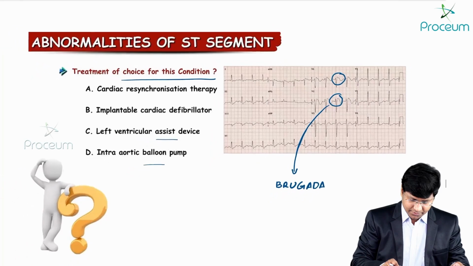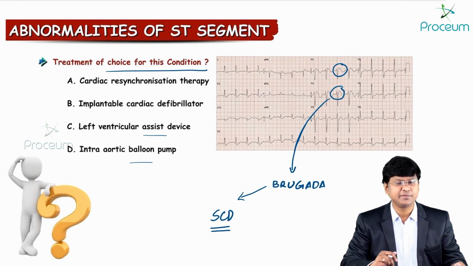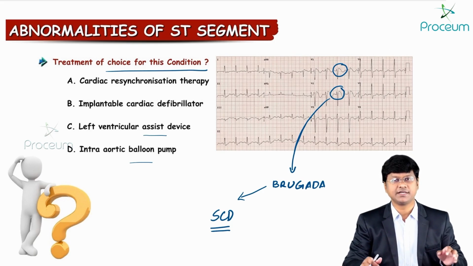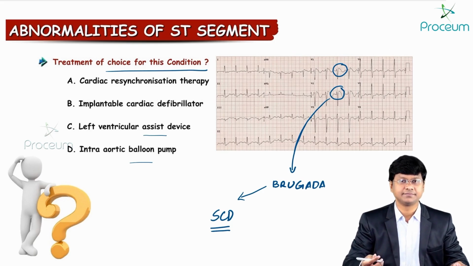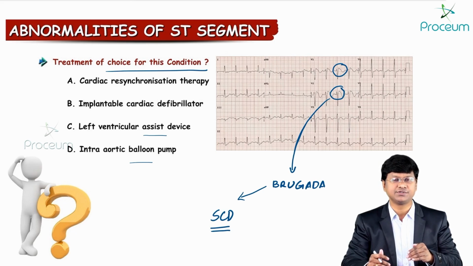Now these individuals, they will have a history of sudden cardiac death. Right, that will be the most common presentation. Or the other form of presentation of this particular Brugada syndrome is the syncopal attack. Right, syncopal attack is another very important clinical history in these patients with Brugada syndrome.